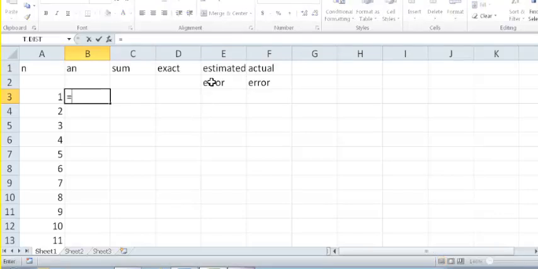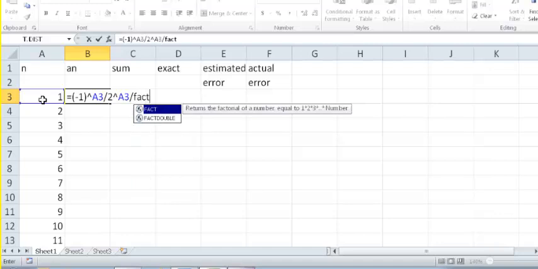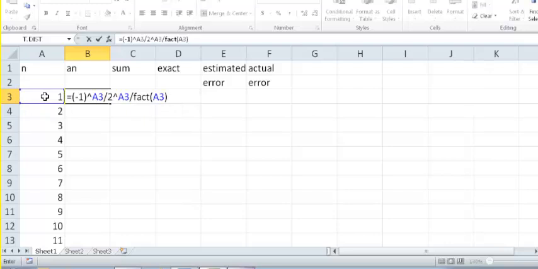Okay, so our series, it's actually not just a sub n, it's the whole thing. So I need to put the whole expression. So I'm going to have negative 1 to the n power divided by 2 to the n divided by factorial of n. Okay, I got that right. 2 to the n over n factorial. Looks right.